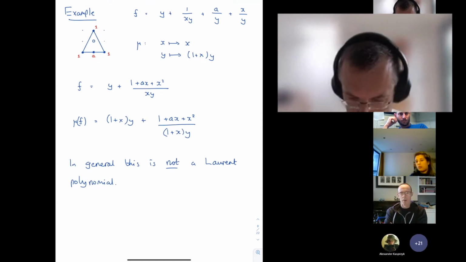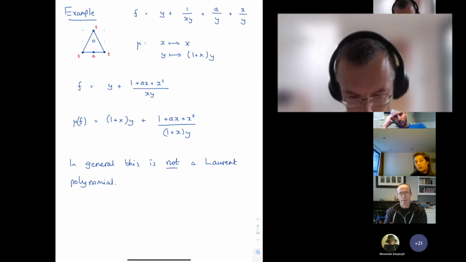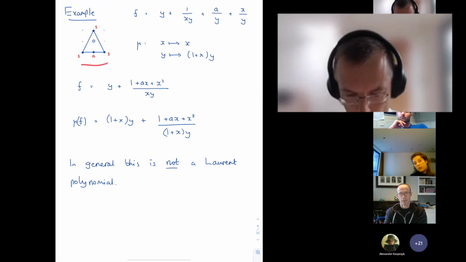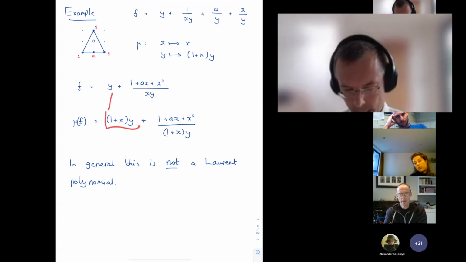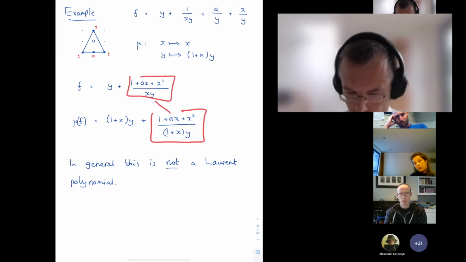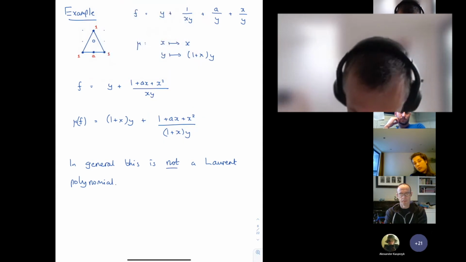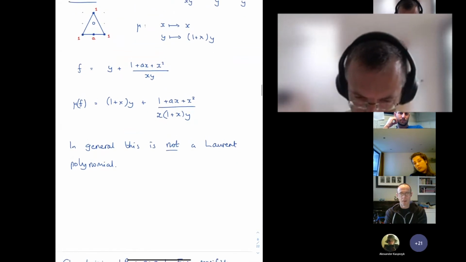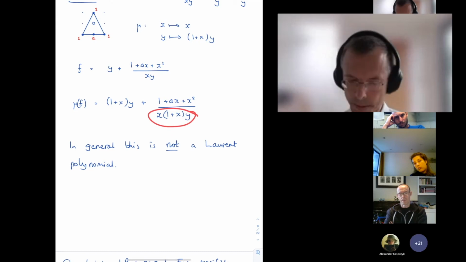And f has this form, it's y plus quantity 1 plus ax squared divided by xy. So if you apply the mutation, you get 1 plus x times y from here. And this fraction becomes this fraction. The xy in the denominator becomes, I'm sorry, I've missed a factor of x. Sorry. So the xy in the denominator becomes x times 1 plus x times y.